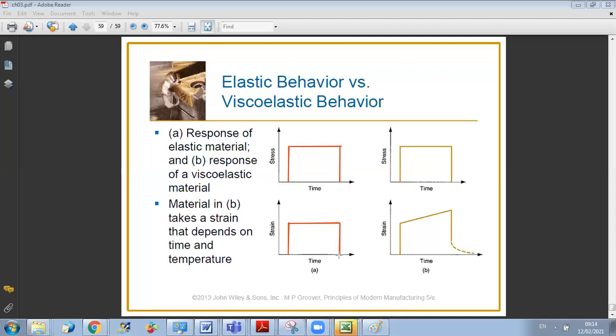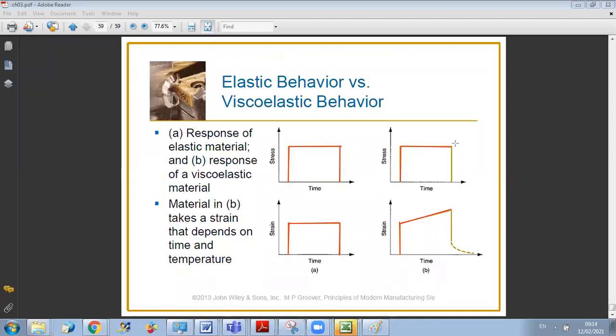On the other hand, for the case of a viscoelastic material, it's quite different. The first difference is that once I put a stress, I will first have a sudden elevation of strain. But if I maintain the stress constant, then the strain will increase gradually as a function of time. So the response is not instantaneous, it will take a certain time.